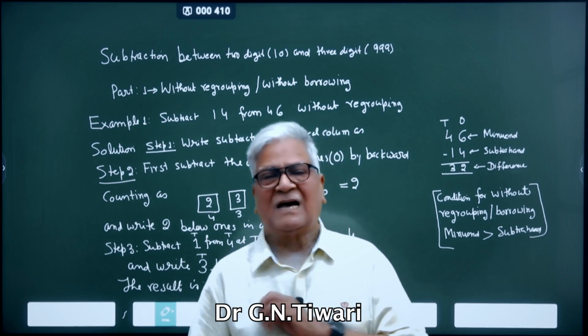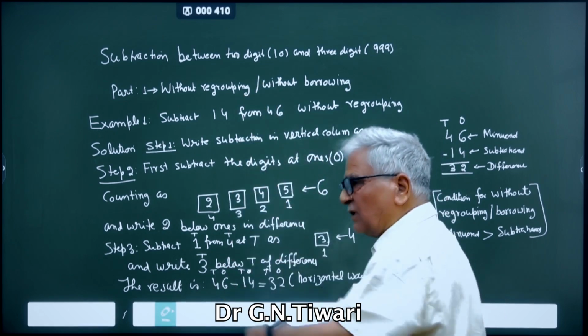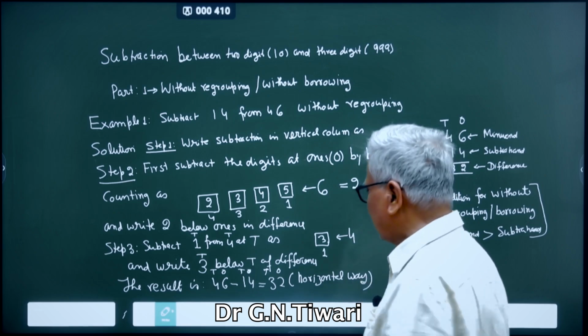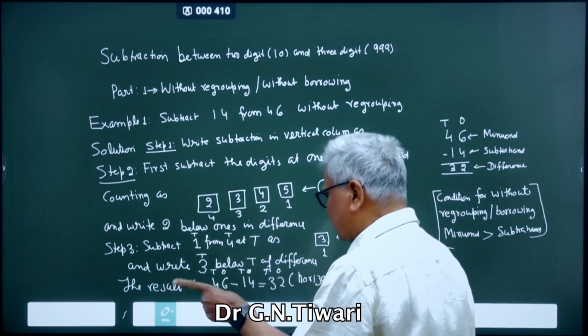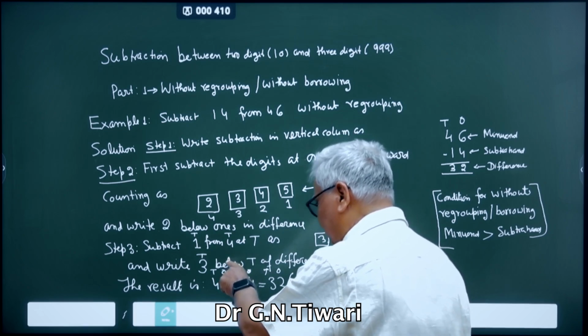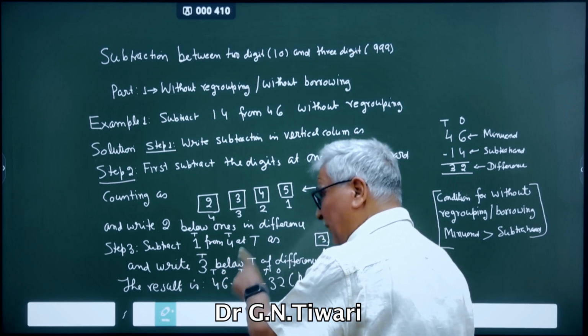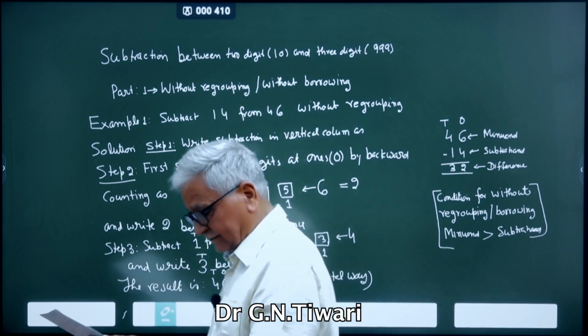Unless the question asks for horizontal way, first you have to write it this way and follow the same procedure, because you have to subtract digit at ones, which is 6, upper minuend, and then subtrahend. That is the example 1.